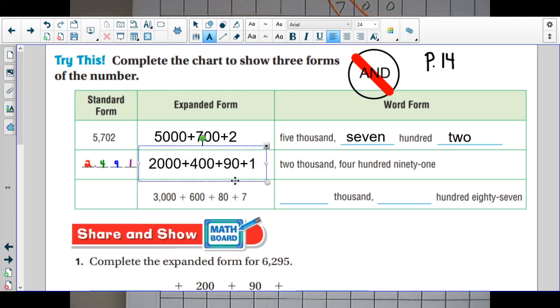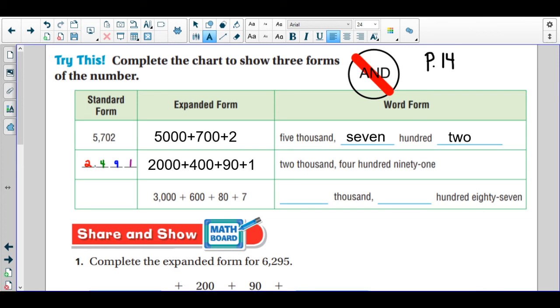All right, there we are. Expanded form. Let's move on to the next one here. 3,000 plus 600 plus 80 plus 7.